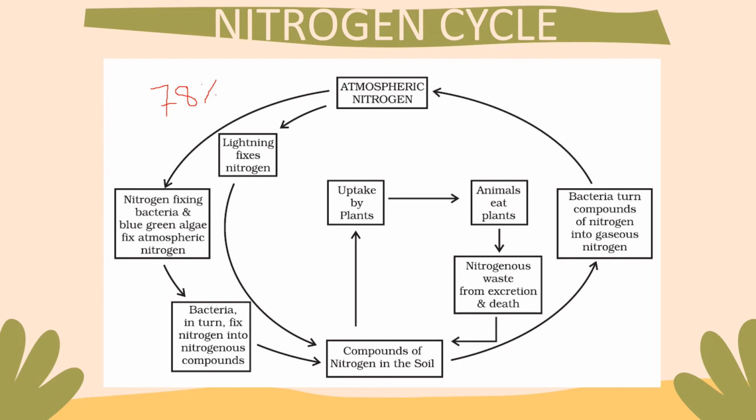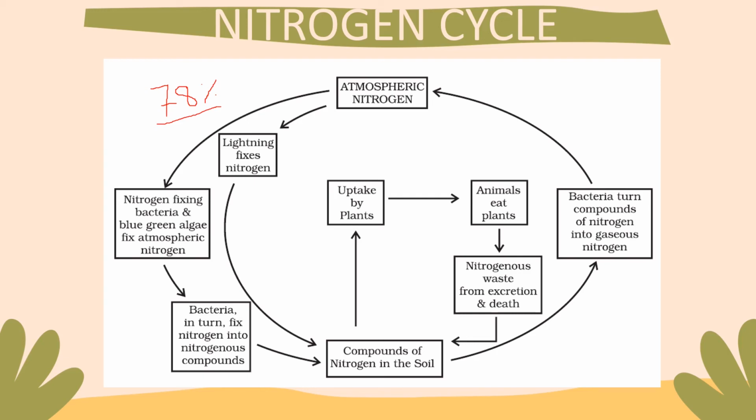When this atmospheric nitrogen is converted into nitrogenous compounds, does it mean that the proportion of nitrogen in the atmosphere is reducing? No. The amount of atmospheric nitrogen is always constant and preserved.